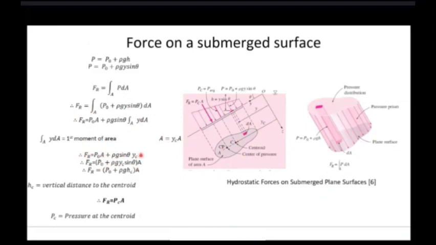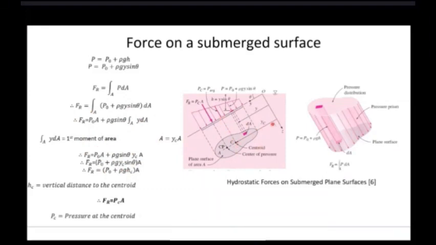Clearly, I can factorise that. I've got A in this term and A in this term, so I can put A outside of those brackets, so I end up with P0 plus rho g YC sine theta, times A. And there, instead of writing YC sine theta, I've written HC, where HC is the vertical distance to the centroid. So there's my centroid.